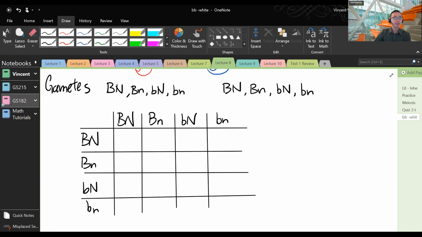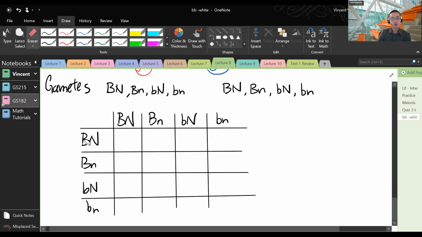Now we're going to combine the chart. You should be able to do it yourself as well. You take this and this together, you get big B, big B, big N, like that. So big B, big N, small n, and so on and so forth. All right. Let's try the second row, second column. Big B, big N, small n.